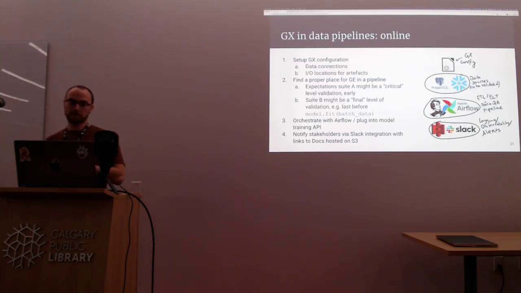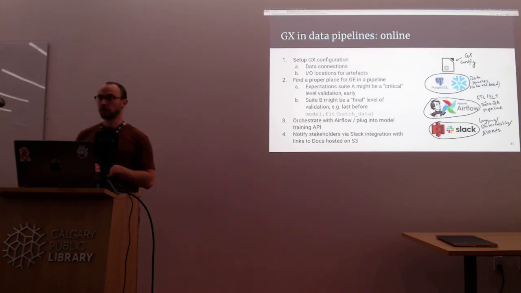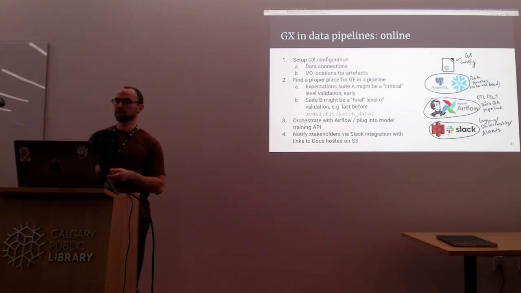Then you try to find a proper place for the checks, basically where they should go, and then configure the alert notifications. You can either send an email or send a Slack notification to key stakeholders and perhaps yourself as well, to make sure that if the data fails the validation test, people involved are aware.